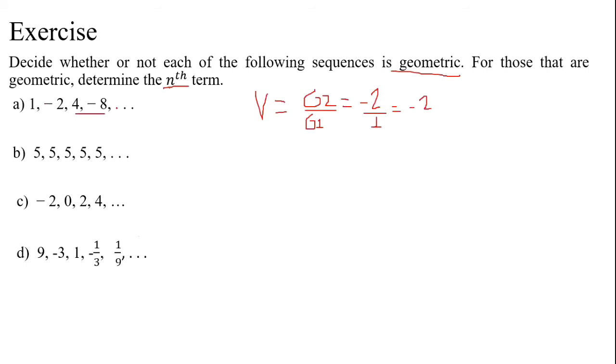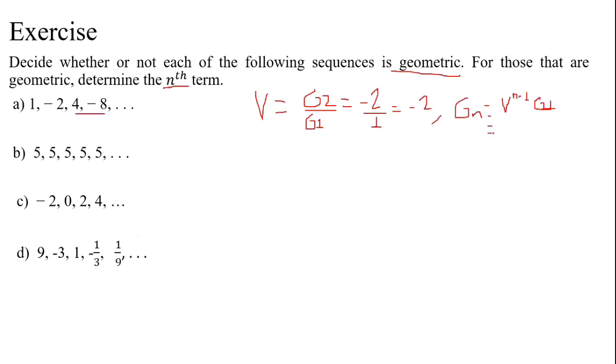So the general nth term can be calculated as Gn equals R to the power of n minus 1, times the first term, that is G1. So we can put the value of R and G1.